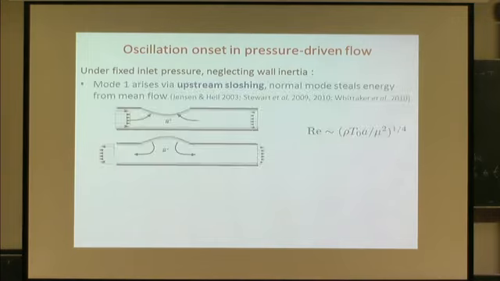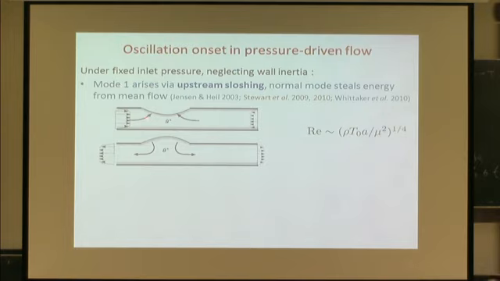Okay, so just to tell you very briefly, if you fix the inlet pressure, you find that the instability is, like in the video I showed you, the membrane has what we call a mode 1 distribution. It's basically got one hump, and it bounces in and out like this. And that inward and outward motion generates sloshing motion in the rigid segments up and downstream.